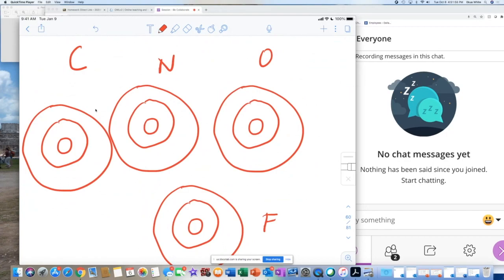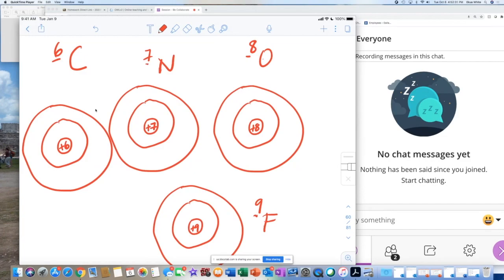Carbon has 6 electrons, nitrogen has 7 electrons, oxygen has 8 electrons, fluorine has 9 electrons. So based on the number of electrons, I'm going to put the positive core here. Because carbon has 6 electrons, its nucleus has to have 6 protons. Nitrogen has 7 electrons, its nucleus will have 7 protons. Oxygen will have a nucleus of 8 protons, and then fluorine will have a nucleus of 9 protons. It has to match the atomic number.